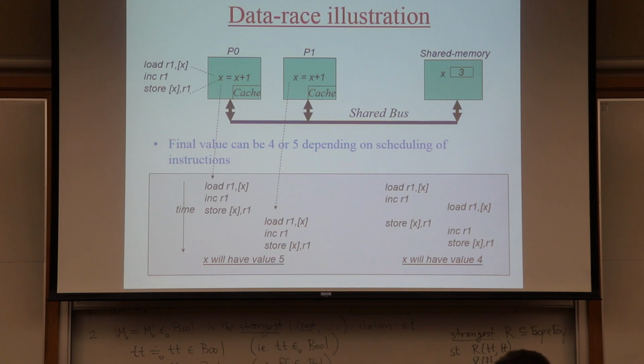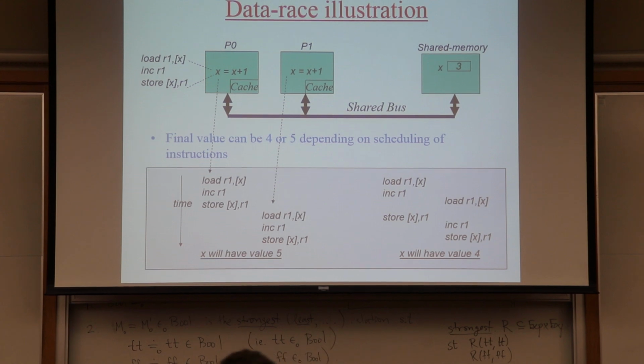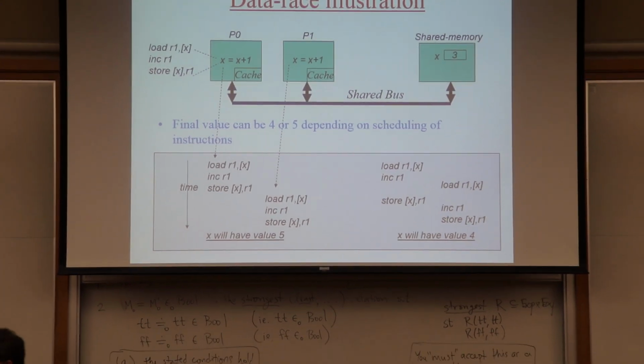We don't want this kind of non-determinism. There's good non-determinism if it results in Church-Rosser and all that nice diamond property and so on. This is evil. You don't want programs to behave this way. Okay, so what should I do? Lock. A lock, okay? But how are locks implemented?